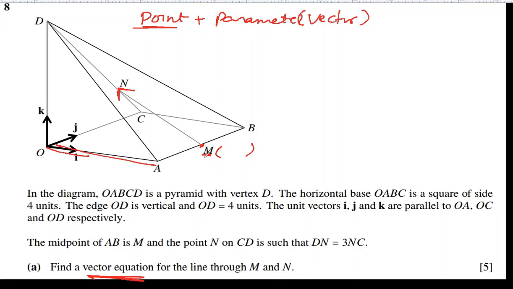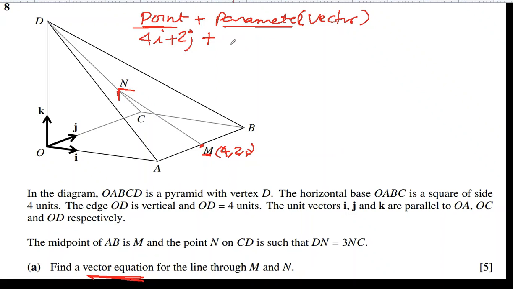We go in this direction, which is 4i, all right? So x coordinate becomes 4. Then in y direction, we're going 2j. So 2 and 0. There is no k. It is on the floor of the pyramid, the base of the pyramid. So 4, 2, 0 are the coordinates of M. 4, 2, 0. So the point part becomes 4i plus 2j and no k.